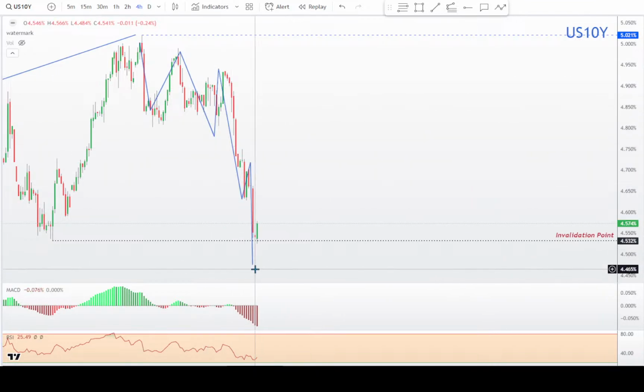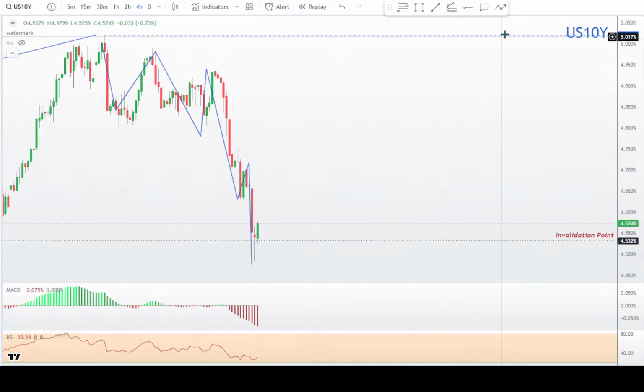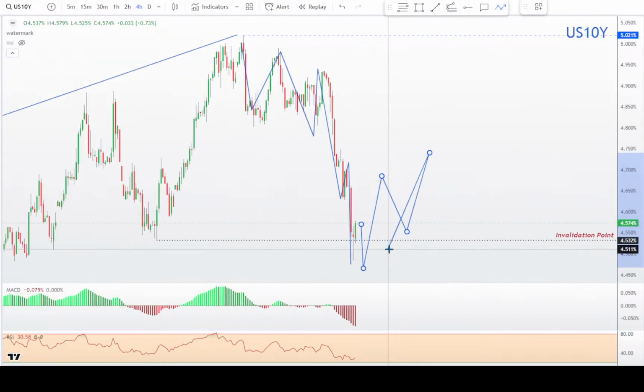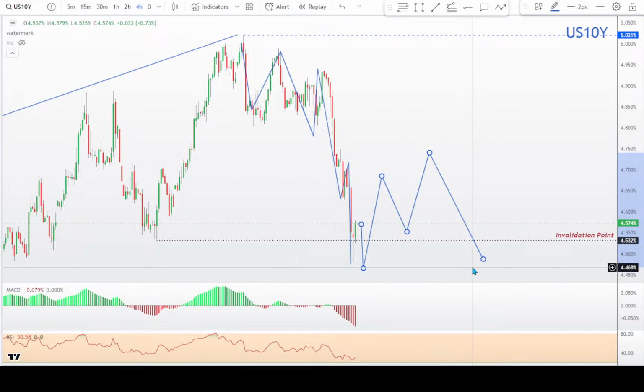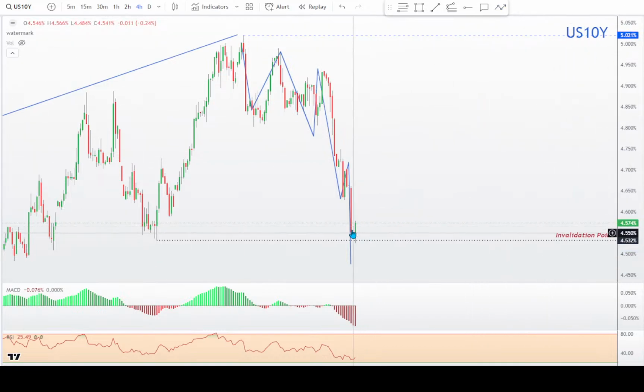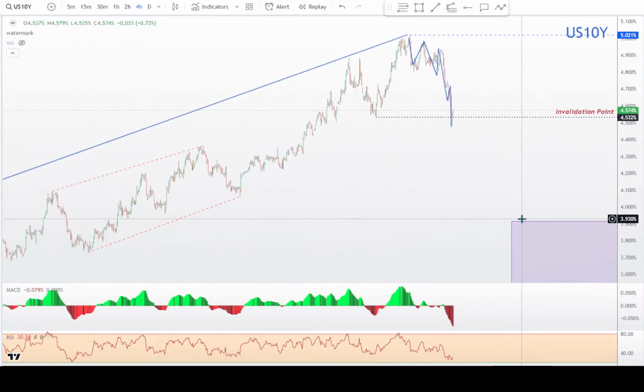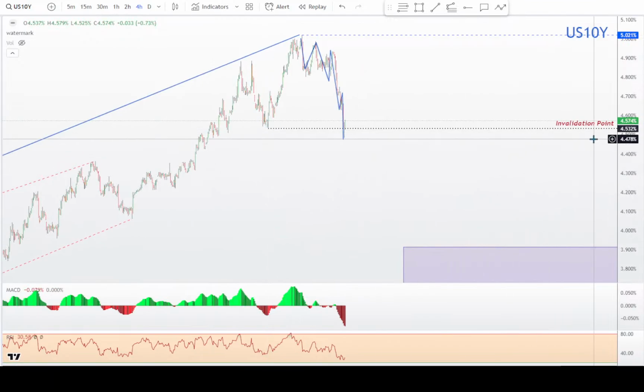So the 5 waves could be in. This could all be one wave, but either way, there has to be a correction. And at some point, either it's going to come down one more, and then give you a correction, or the correction's already started. It's going to start going up and then start coming down. So the 10 year needs to correct up, but I still see a lot more down now that we got that confirmation on the 10 year.